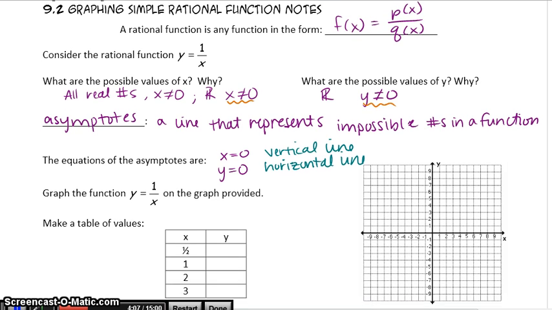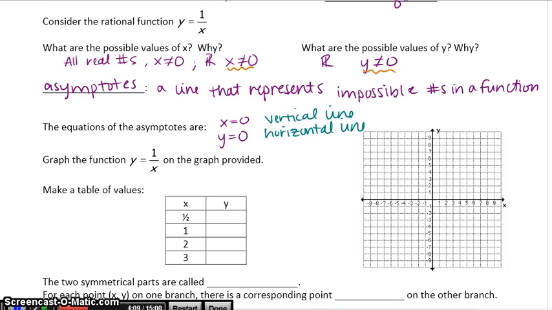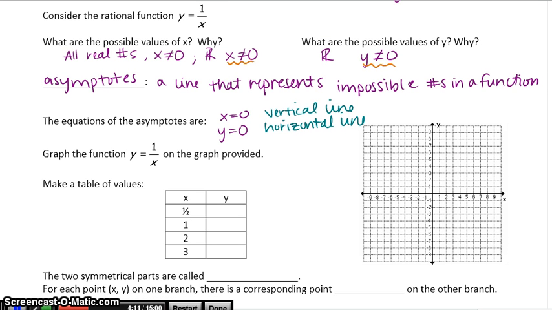So, if we were to graph the function y equals 1 over x, we have to make sure that we draw in our asymptotes. So, just as we do this, x equaling 0, and they're a dashed line because you can't see them. It just helps bound our graph, because our graph is never going to touch our asymptotes.